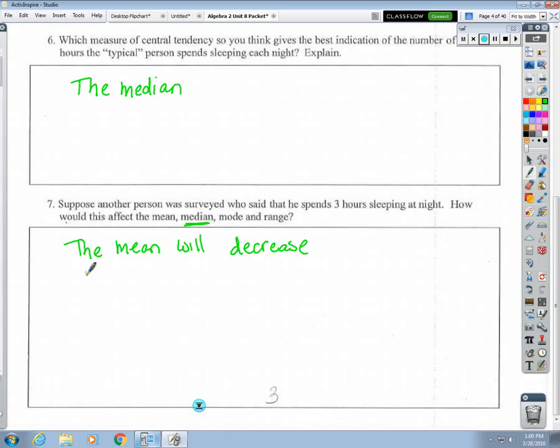So the median will still be 8. Okay, the mode will still be 8 because, yeah, they threw in a 3, but wasn't that the only 3 there was? So that definitely doesn't take, the 8's still obviously the most.